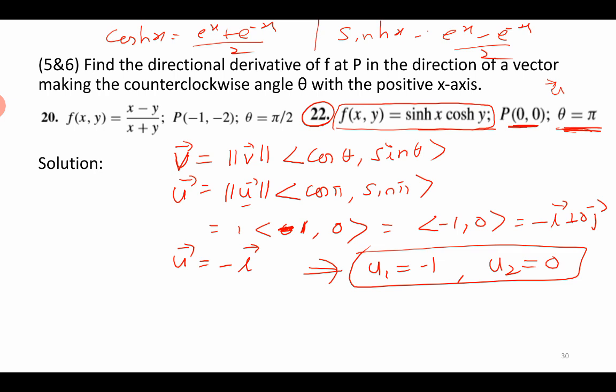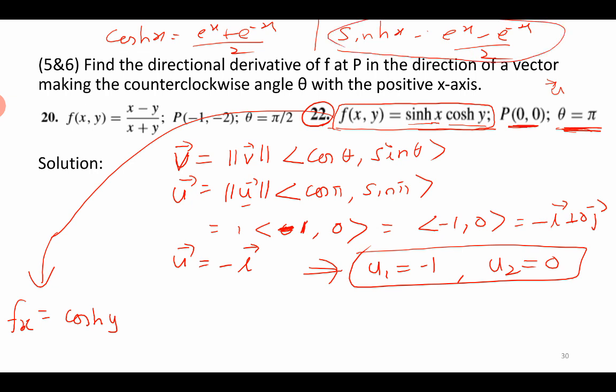From this function we are finding fx, differentiating with respect to x. There is sine hyperbolic x, cosine hyperbolic y. We are differentiating with respect to x partially, so cosine hyperbolic y will be constant, isn't it? Differentiate this term: the derivative of sine hyperbolic x will be cosine hyperbolic x without any sign.